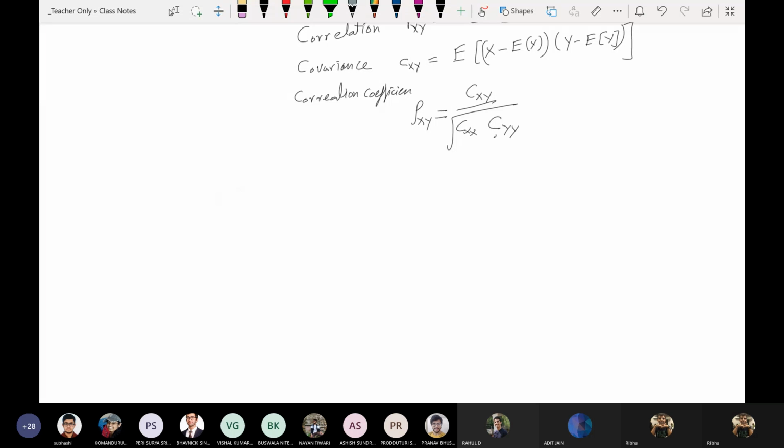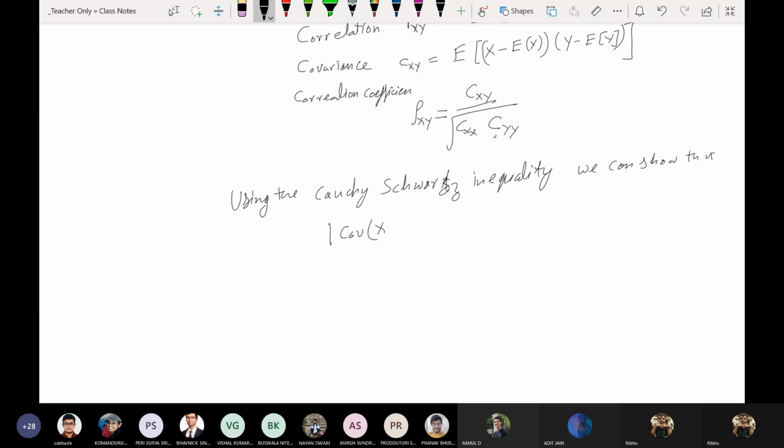Using the Cauchy-Schwarz inequality, the covariance of x and y squared is less than or equal to the variance of x times the variance of y.